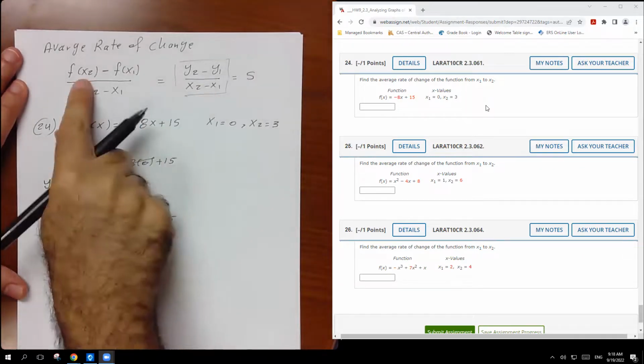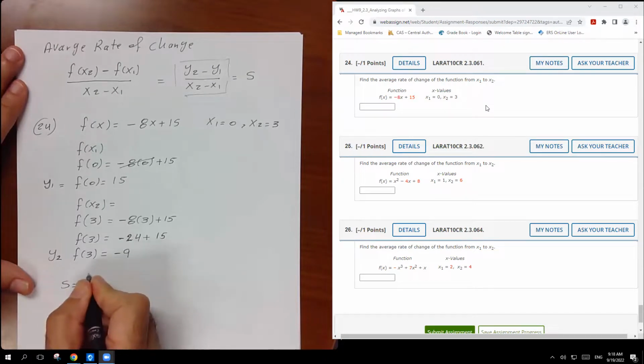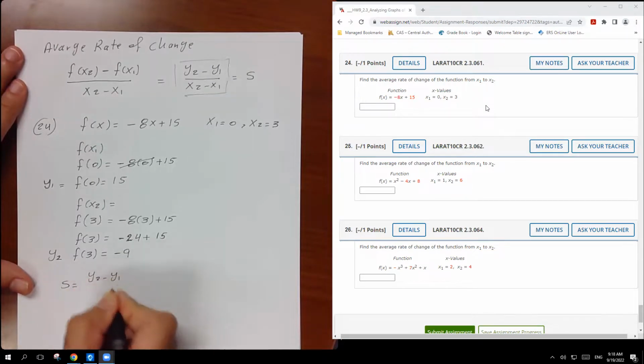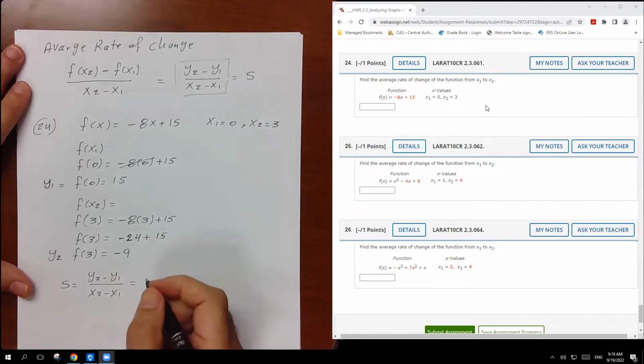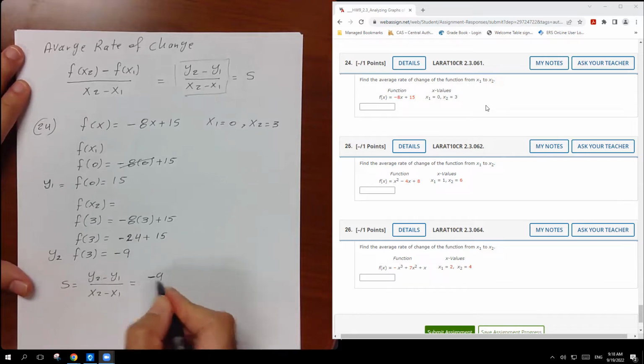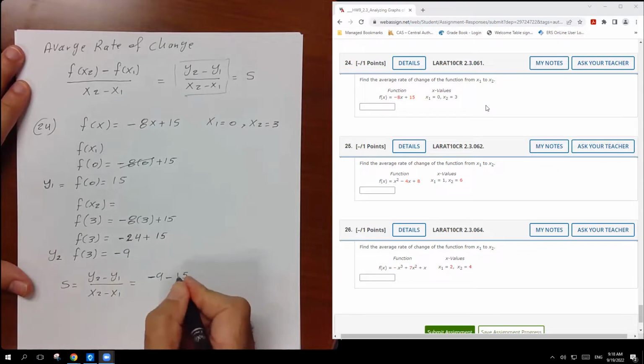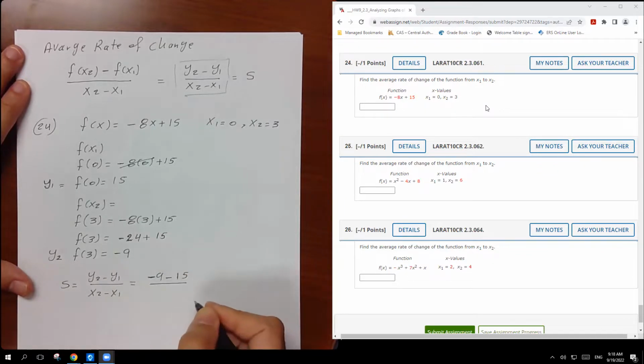You can choose this one or this one, it doesn't matter. That means the slope is going to be equal to y2 minus y1 over x2 minus x1, which is the same thing as the average rate of change. So y2 is negative 9 minus y1, which is 15, over x2, which is 3, minus x1, which is 0.